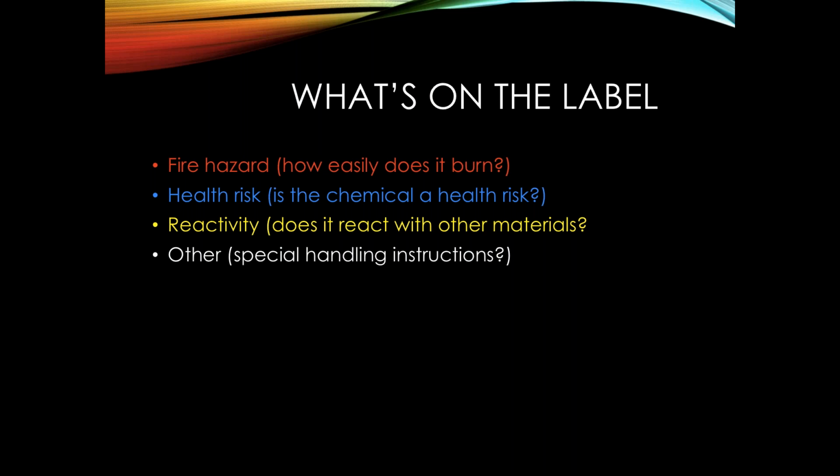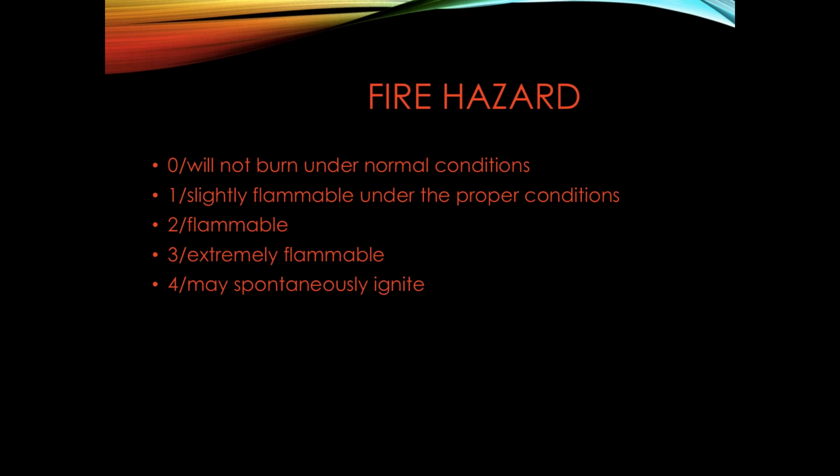Health risk runs on a scale as well, and it's what the chemical might do to harm you in a situation dealing with a chemical release. Reactivity is, does it react with other materials? And then other would be special handling situations or instructions.